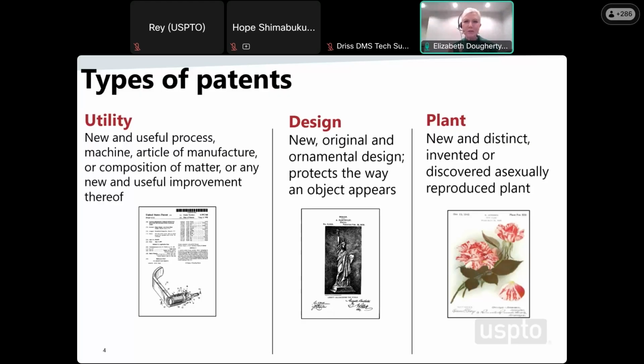Utility patents protect generally what we think of as inventions: that new toothbrush, that new cellular communication device, perhaps a new bicycle or mousetrap. It is a new and useful process, machine, article of manufacture, composition of matter, or any new and useful improvement thereof.